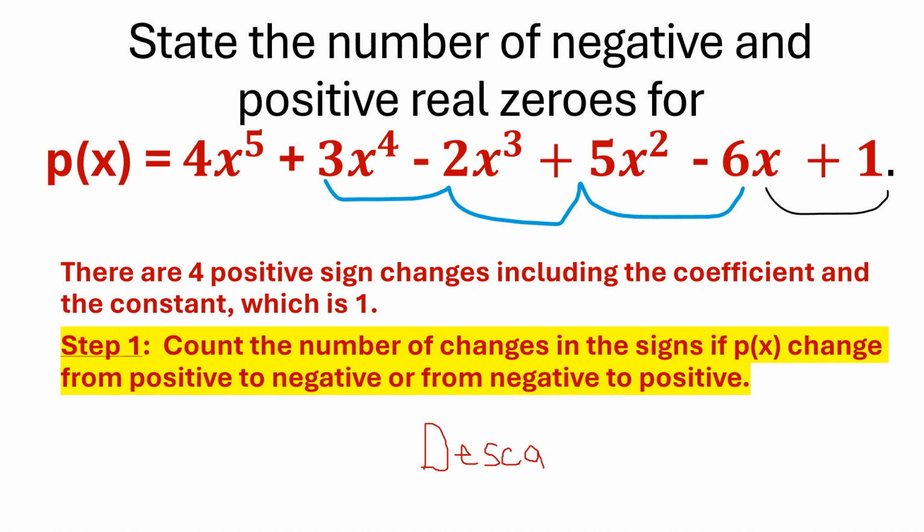His rule basically says if a polynomial function is arranged in descending powers of the variable, the number of positive real zeros of p of x is the same as the number of changes in the sign of the coefficients of the terms, or is less than that by an even number.